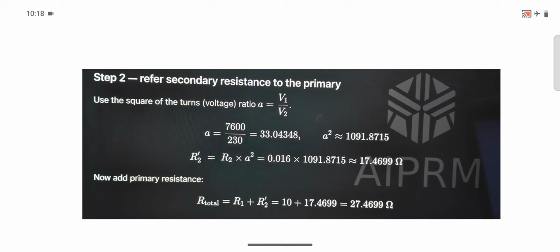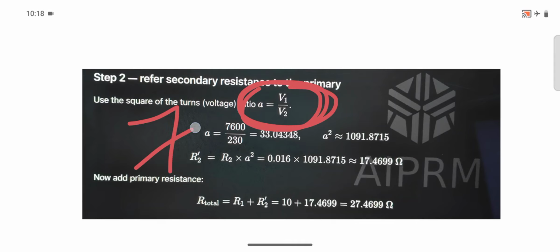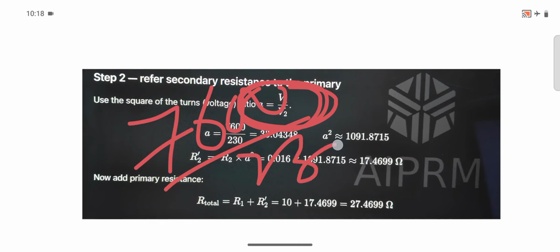Next, refer the secondary resistance to the primary. Now we will find the voltage ratio. We will use the voltage ratio. So it will be 7600 divided by 30.